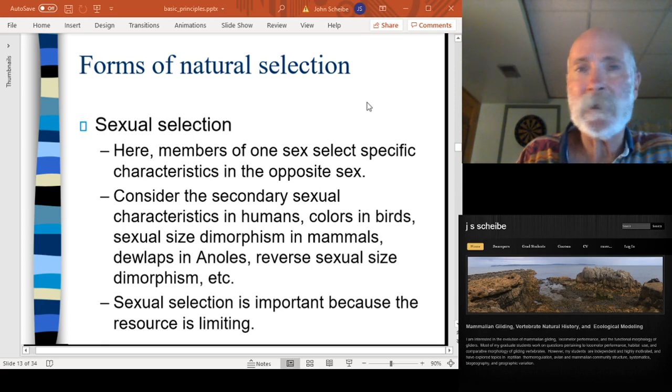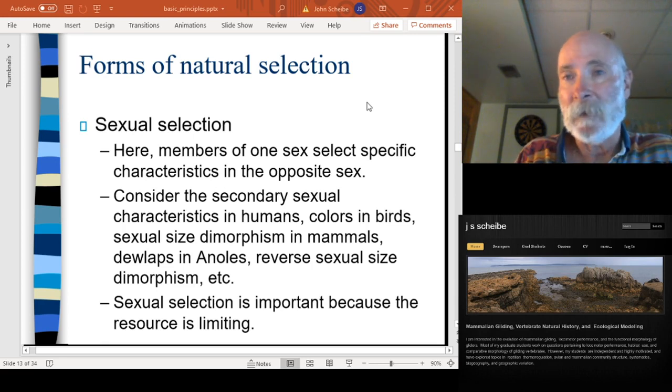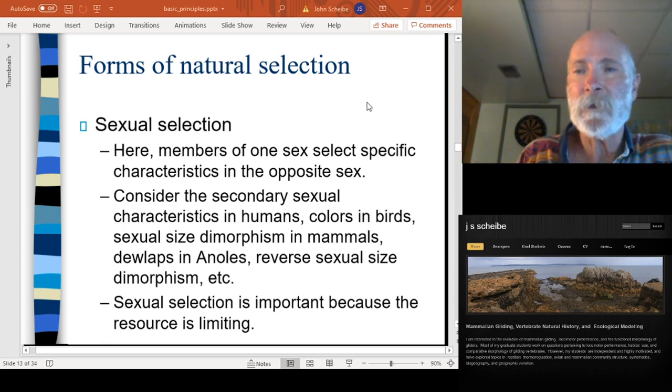Women have a tendency to date and mate with males that are somewhat taller than them. I suppose there are all sorts of reasons for that, but it is an attribute, and we talked about this in class, most women in class preferred dating men that were taller than they were. So that's sexual selection practiced by females on the males.